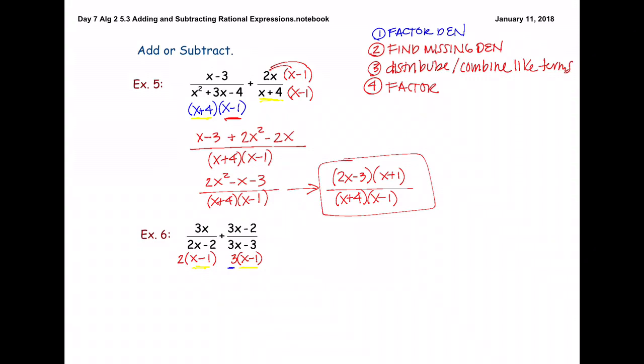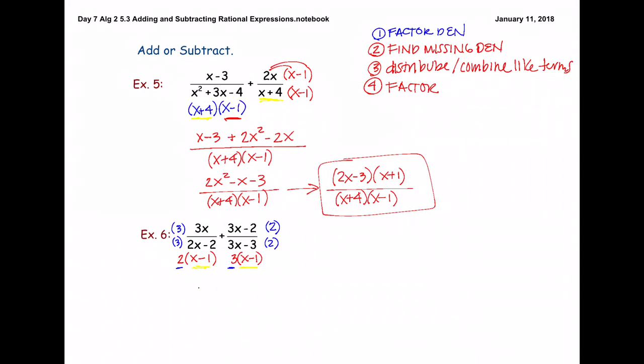This one, the right hand side has a 3, the left hand side has a 2. So we need to multiply by 2 on our right hand side. The left hand side was missing a 3, so we need to multiply everything by 3.